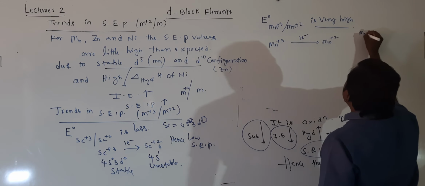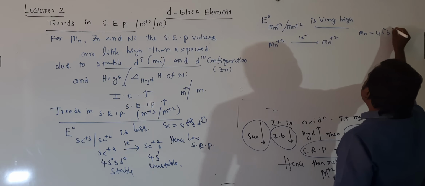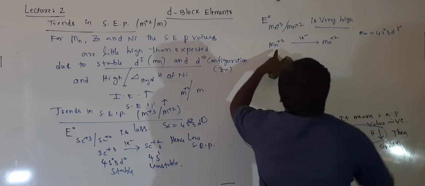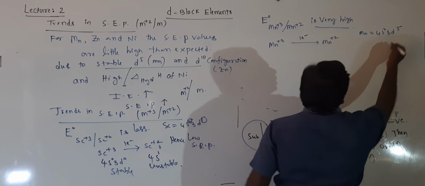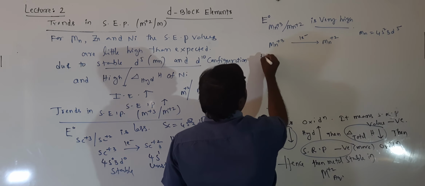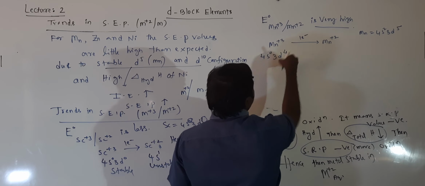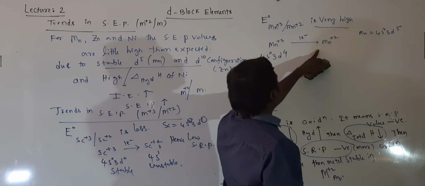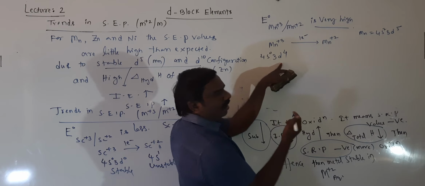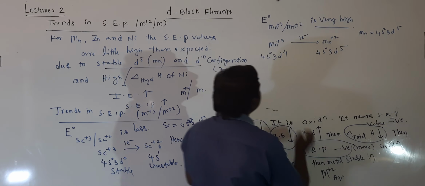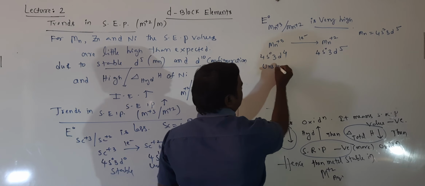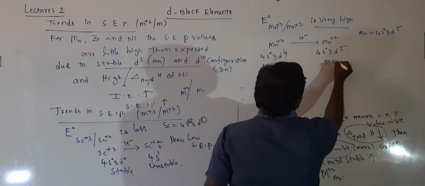Mn configuration is 4s2 3d5. Plus 3 means 3 electrons must be removed, 2 from s, 1 from d, so it is 4s0 3d4. Plus 2 means it gains one more electron, then becomes 4s0 3d5. D4 is unstable, D5 is stable.